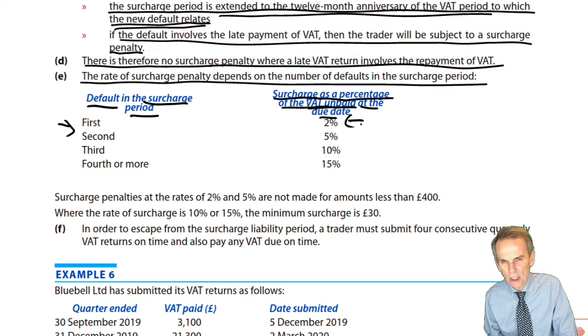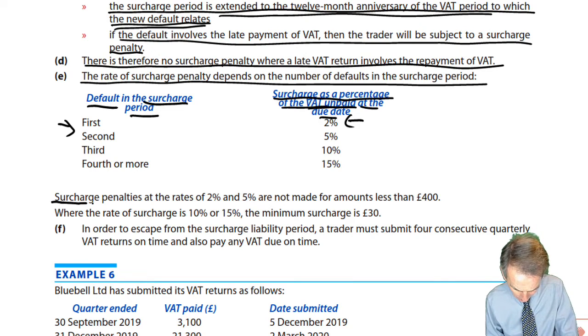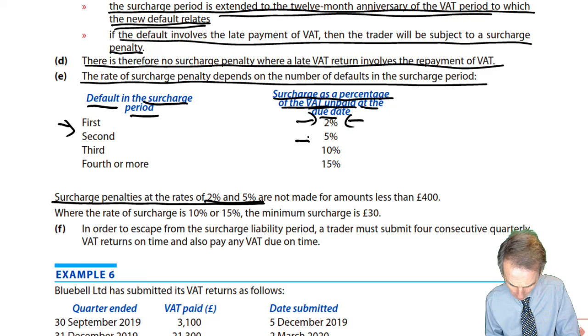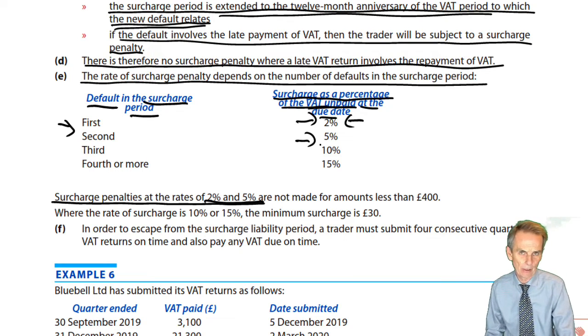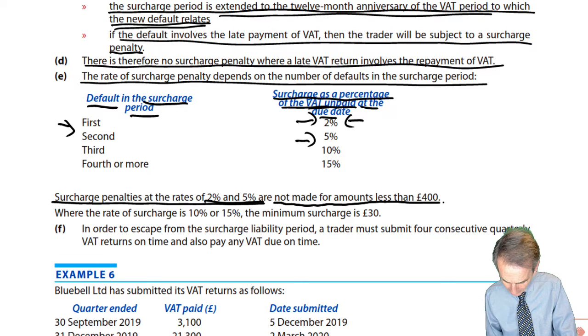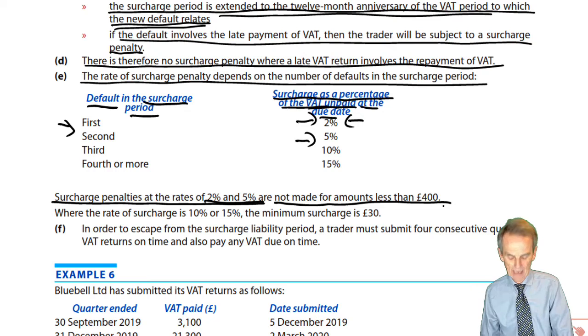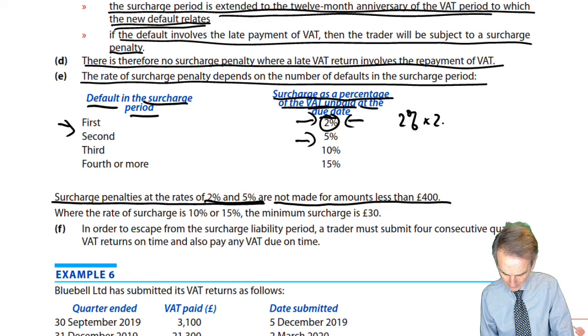That's a small percentage, but it's made even more friendly for the trader because surcharge penalties at the rates of 2% and 5%, both for the first, as we are discussing now, and the second default occurring within the surcharge period, actually won't be made for amounts of less than £400. Now, if my mental arithmetic is correct, 2% of £20,000 is 400.